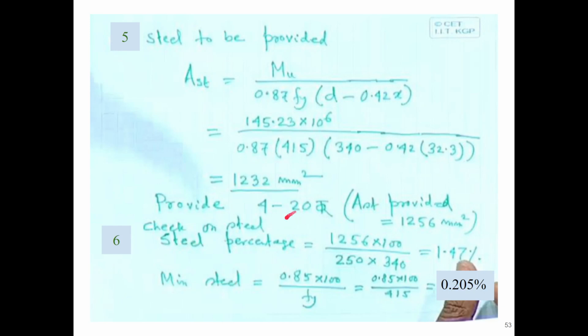So now the steel percentage will be 1256 by 250 into 340, into 100, which is 1.47%. And this formula is used for finding the minimum steel: 0.85 by fy into 100. So fy is 415, so it will be 0.85 into 100 by 415, which is 0.205%. As this value is greater than 0.2, it is okay.